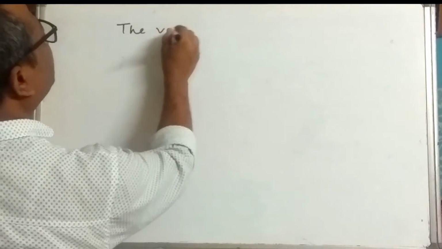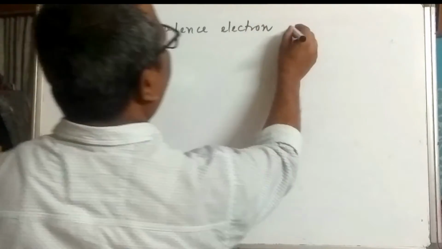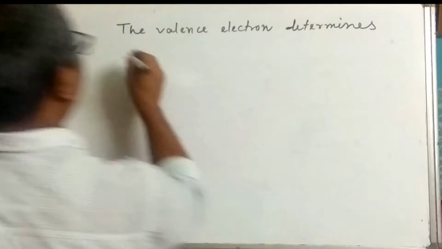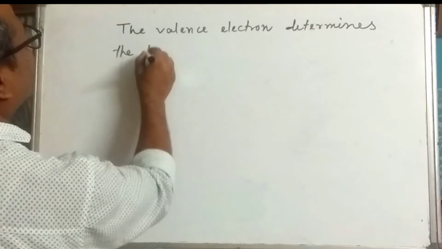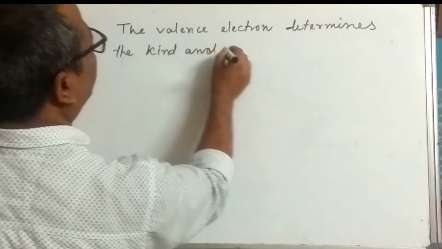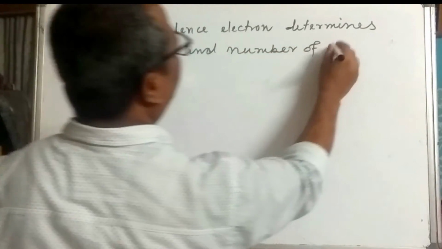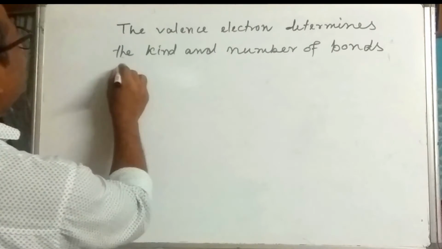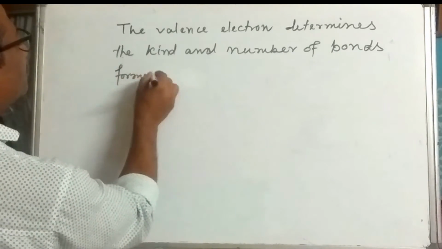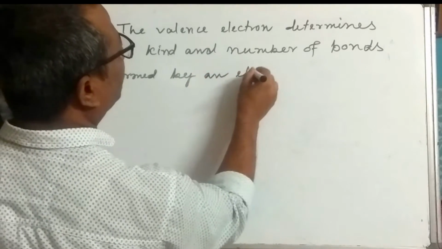The valence electron determines the kind and number of bonds formed by an element.